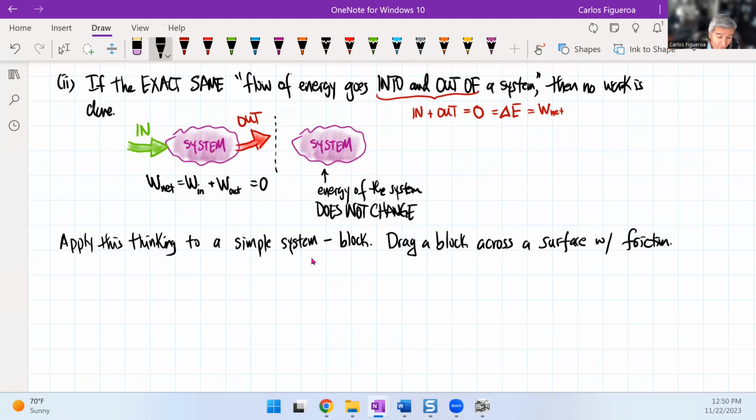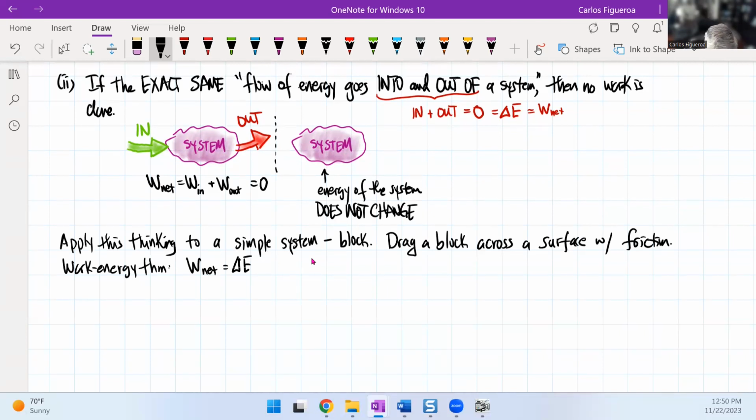Now, the language here is tricky. I don't know how to put this in good language, but this is what we say. According to the work energy theorem, we know that the net work has to equal the change in energy.